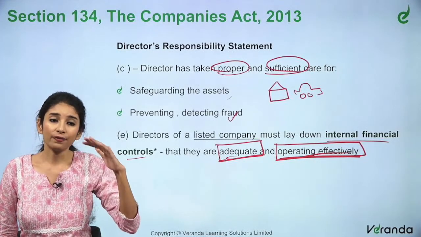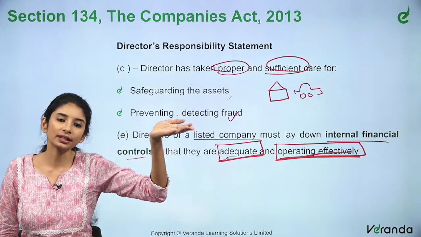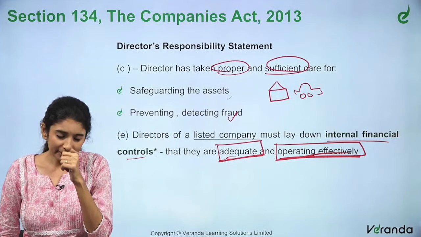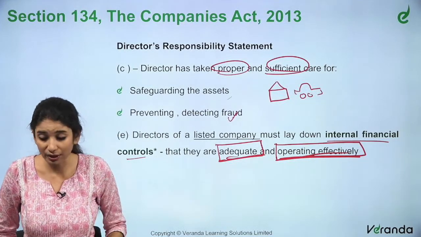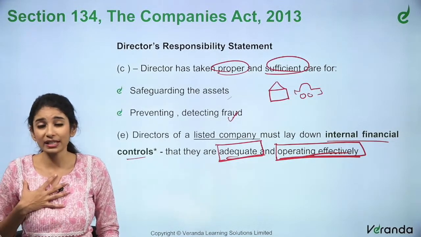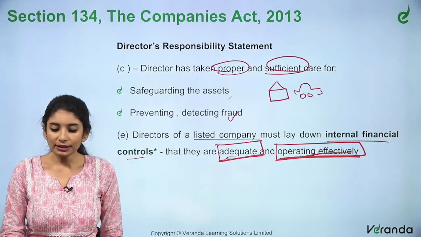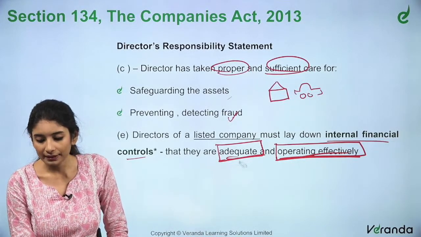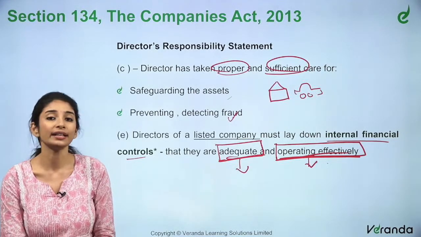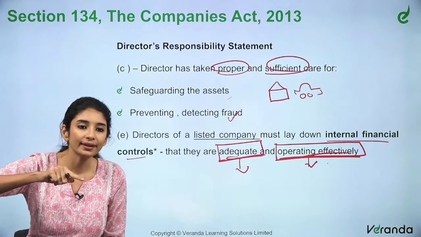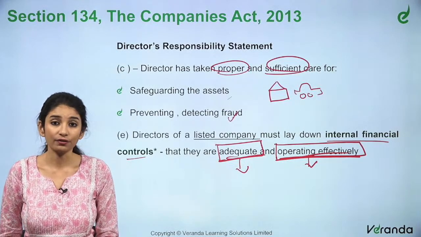Now if all the clothes are not of my size, very much higher or lower, is that helpful for me in any way? No. So my clothes are adequate, but are they operating effectively? No. So directors need to state that the IFC, internal financial controls, are adequate and operating effectively. Both the points: adequate, they are enough, and they are in effective operation. Clear?